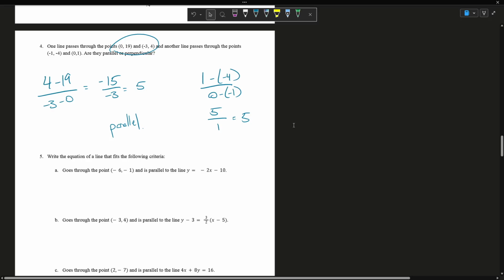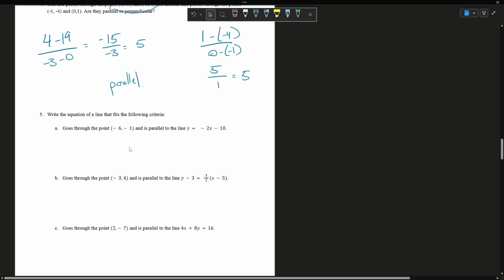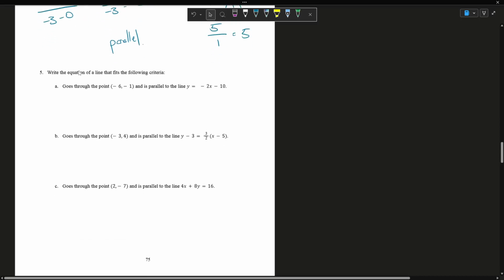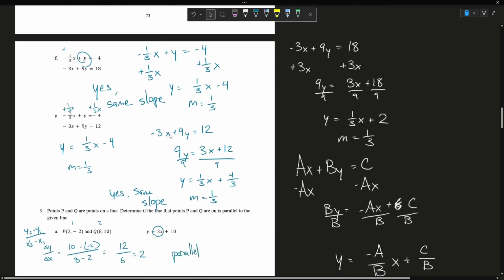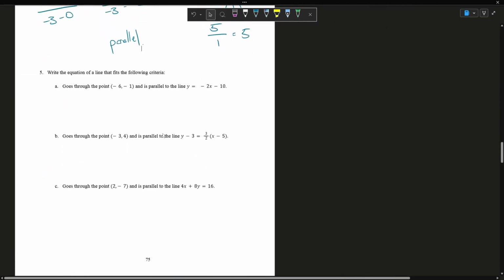Okay, so now here is a new type of question. We're going to find an equation of a line that fits this criteria. So instead of identifying if it's parallel or perpendicular, we now want to make a line.